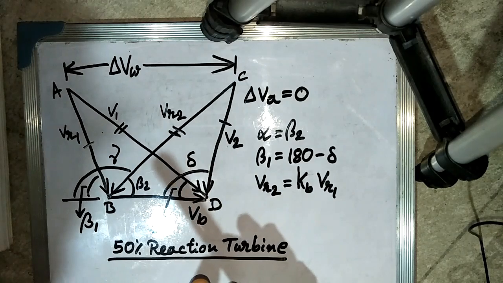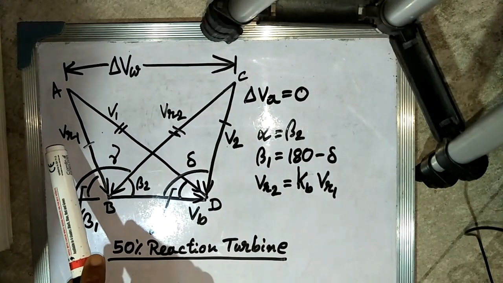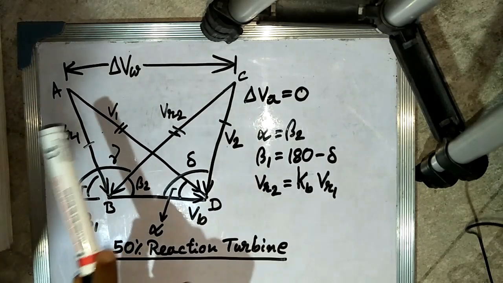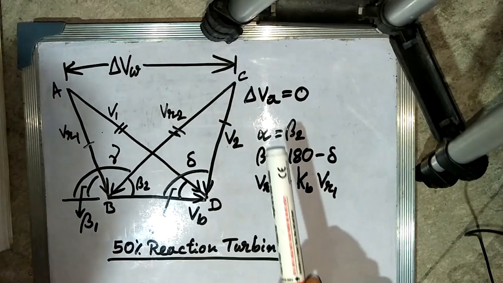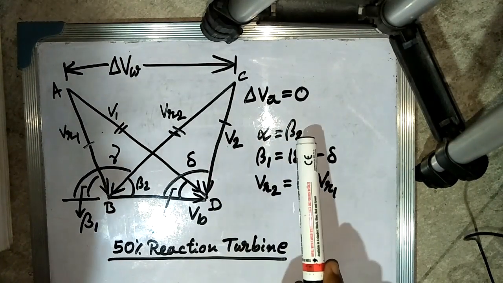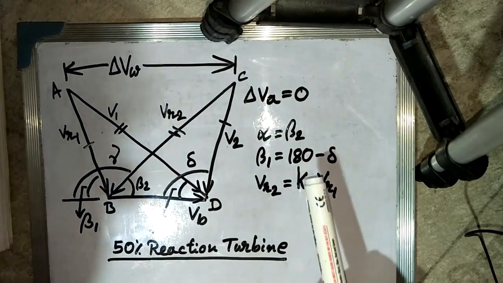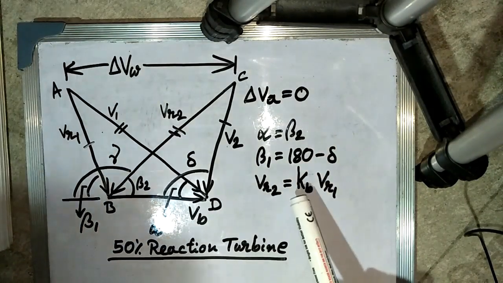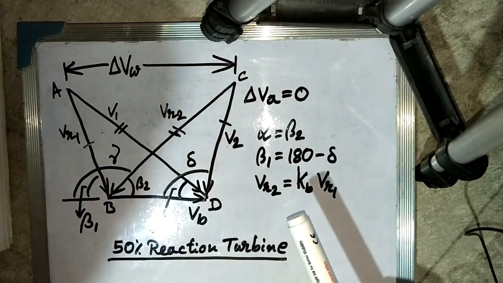From the geometry you can say that VR1 is equal to V2 and V1 equals VR2. Also alpha is equal to beta 2, beta 1 equals 180 minus delta, and VR2 is equal to Kb into VR1.